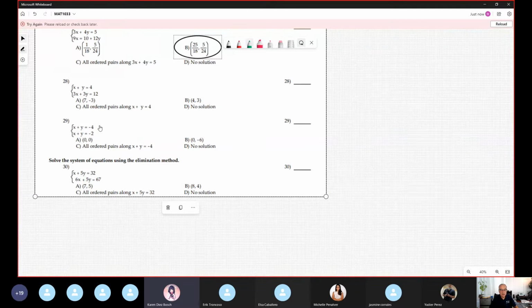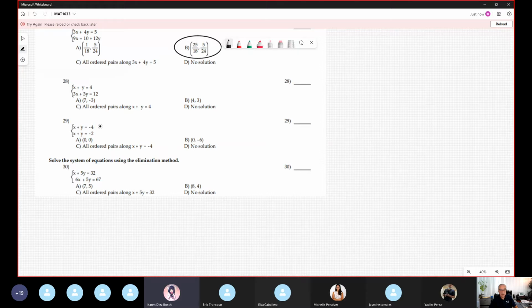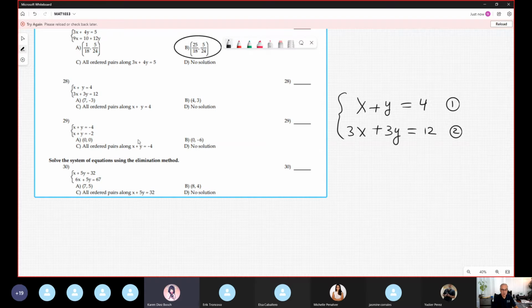Okay, 28 says x plus y equal 4, equation 1, and 3x plus 3y equal 12, equation 2.